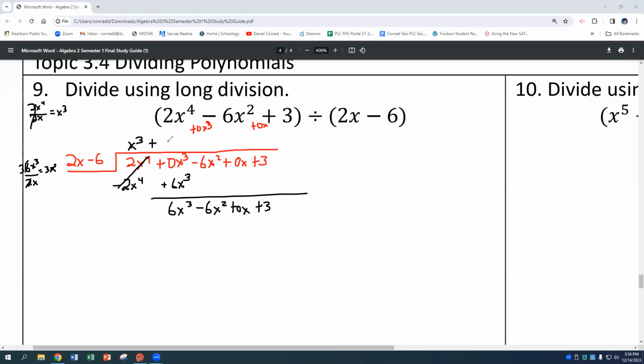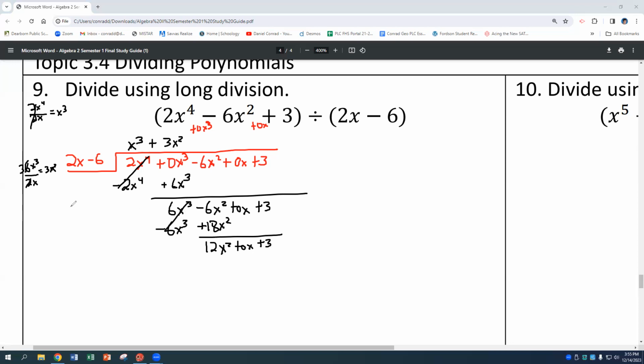So it's going to be plus 3x squared. 3x squared times 2x is going to give me 6x to the third. 3x squared times negative 6 is going to give me negative 18x squared. We're subtracting, so we need to flip the signs. So that cancels. And we're left with 12x squared plus 0x plus 3.